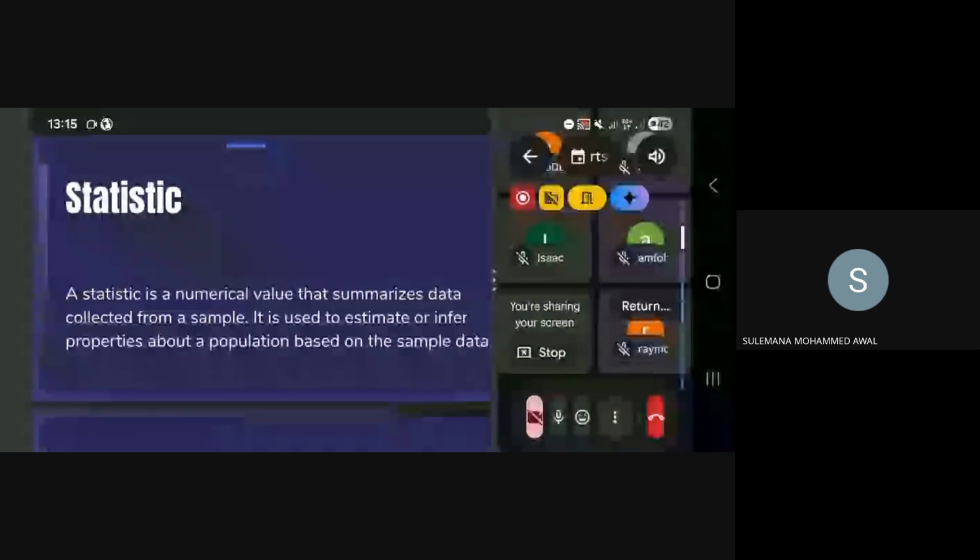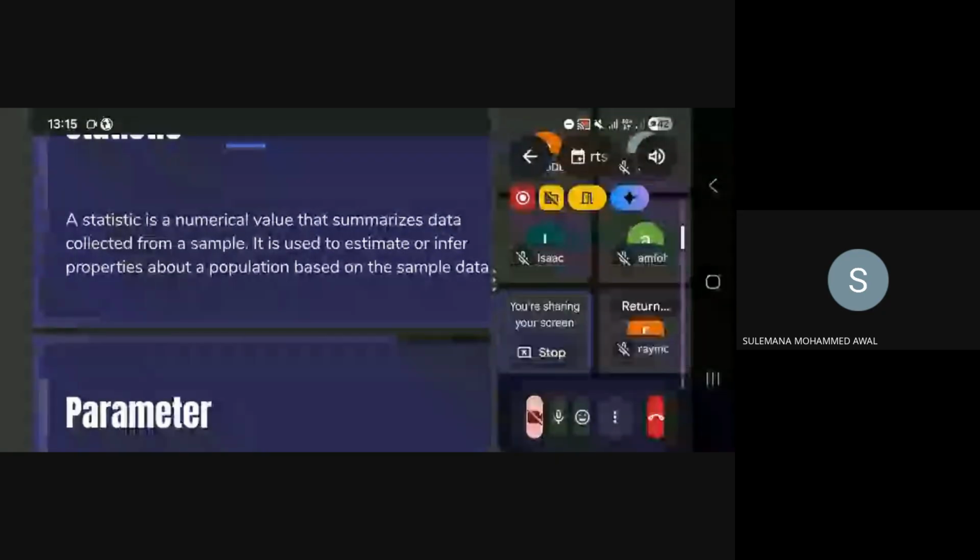When we talk about statistic, we are talking about a numerical value that summarizes data collected from a sample, and it is mostly used to estimate or infer properties about a population based on the sample data.